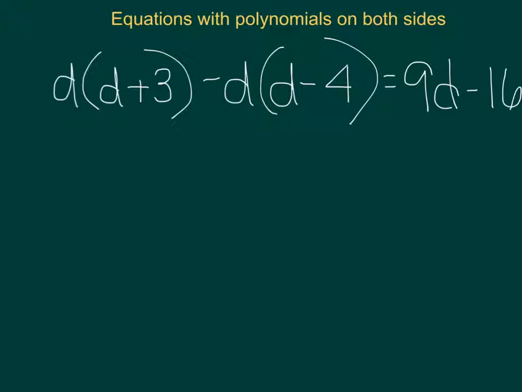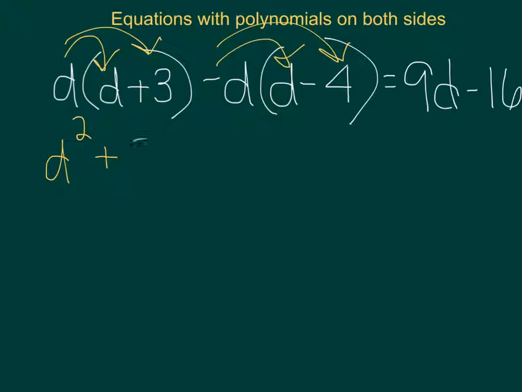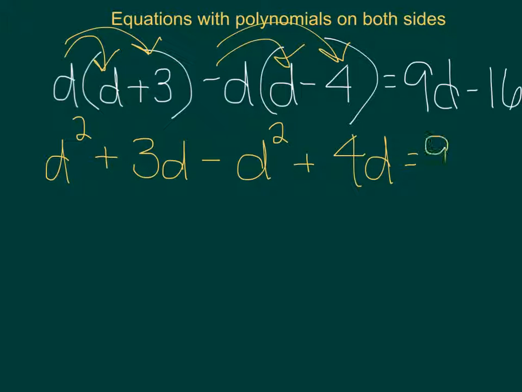When you have equations with polynomials on both sides, you want to kind of take it as in multiple pieces and solve. So we're going to use the distributive property first to kind of simplify this. So this would be d squared plus 3d minus d squared plus 4d equals the 9d minus 16.